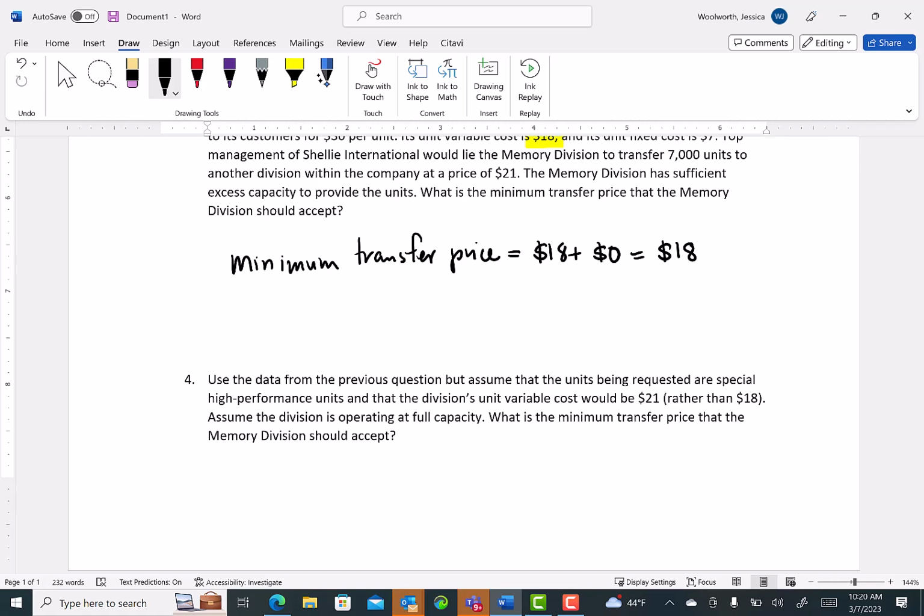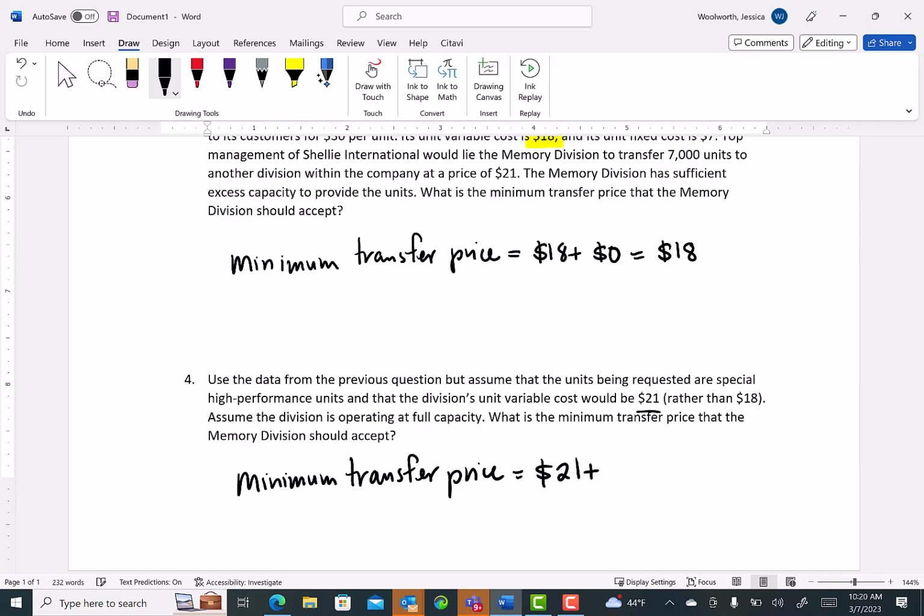In this case, the minimum transfer price is going to be equal to the division's variable cost plus its opportunity cost. So our minimum transfer price is now going to be our new price of $21 for the variable cost, right here, plus our opportunity cost.